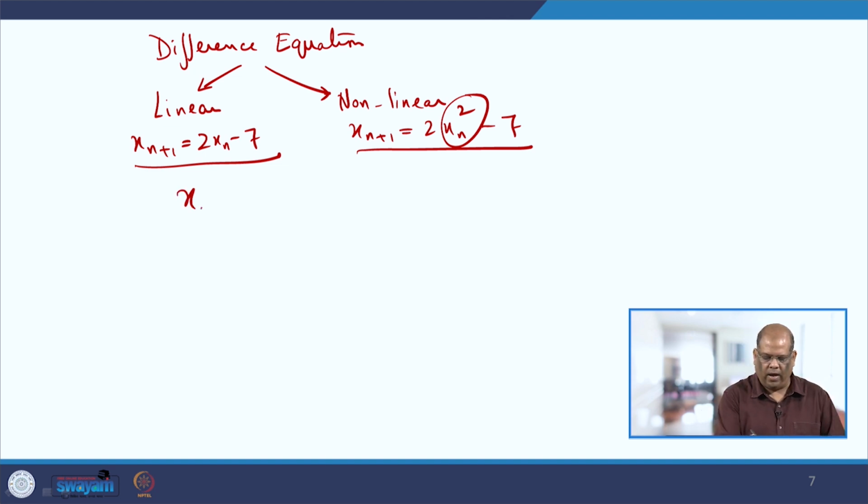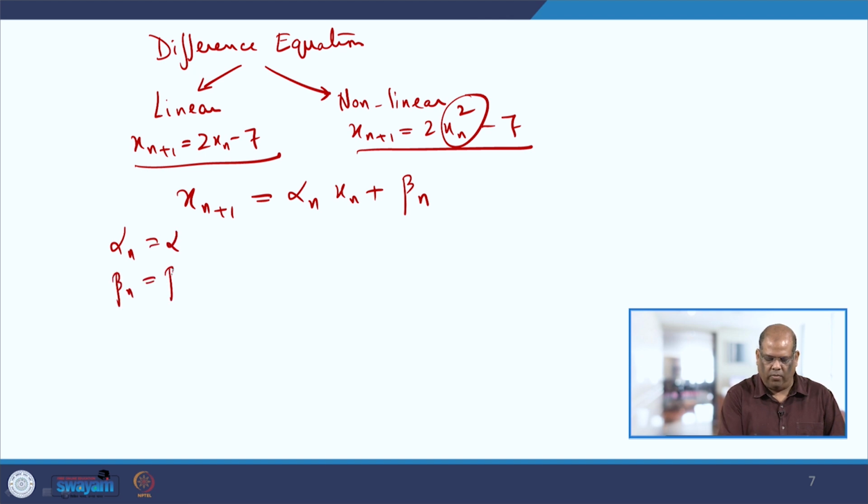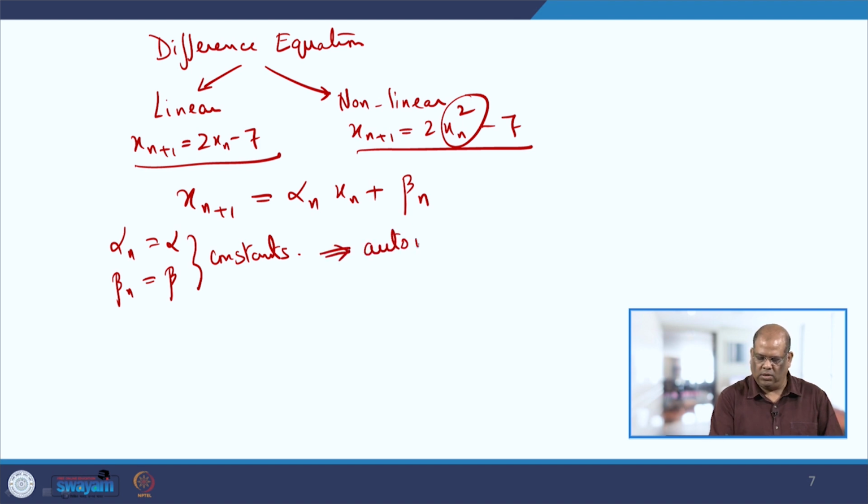Again, if I write x_{n+1} equal to alpha_n times x_n plus beta_n. If alpha_n is equal to alpha and beta_n is equal to beta, where both of them are constants, then we say that this difference equation is autonomous.